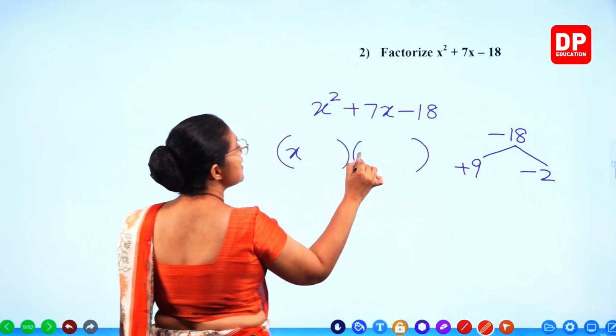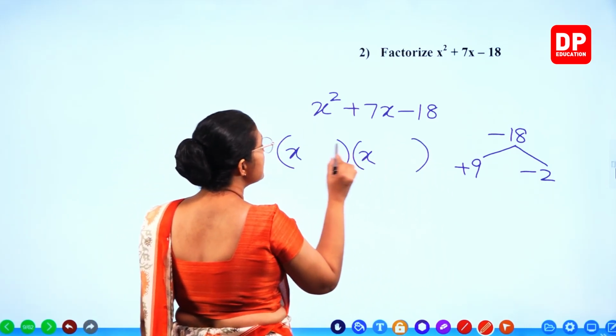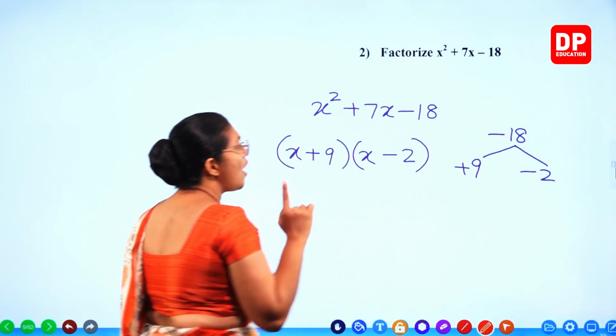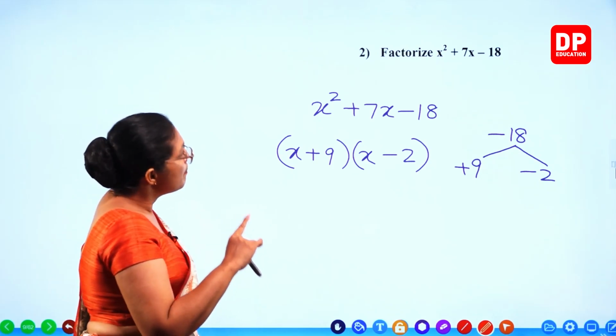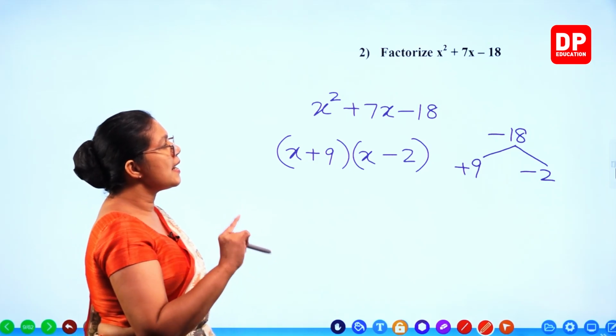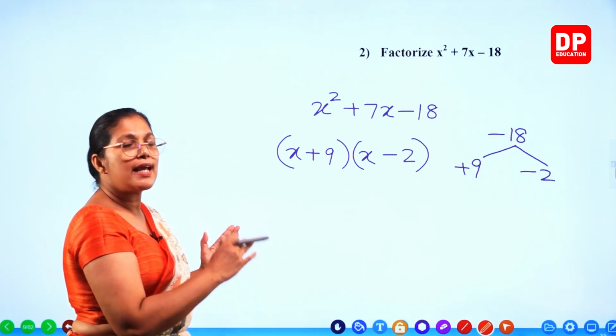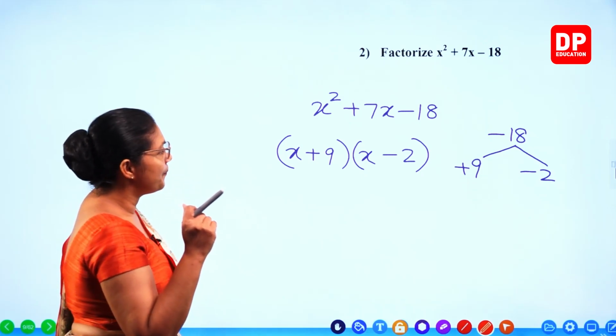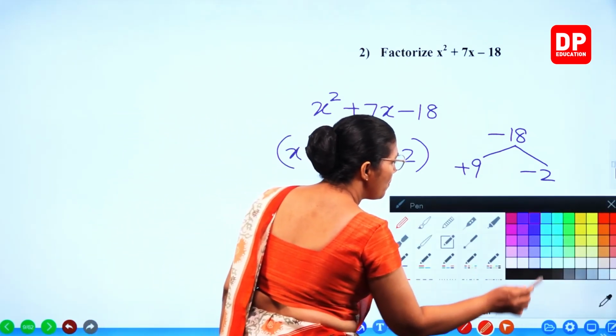X squared is x and x. Factors of minus 18 are plus 9 and minus 2. If you can't write it at once, make sure that you split the middle term 7x into plus 9x and minus 2x, and then take the first 2 and last 2 terms separately and factorize. So you get 2 marks for that.